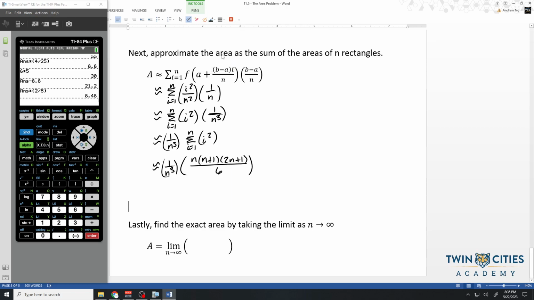Let's distribute this n to the first one. That'll be n squared plus n. Now I'm multiplying n squared plus n by 2n plus 1. So let's do a box over here. I've got n squared plus n, and then 2n plus 1. When I multiply this, I'll get 2n to the third power plus an n squared here, plus 2n squared here, and then plus an n.